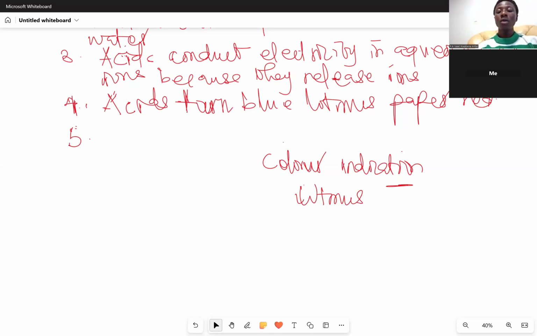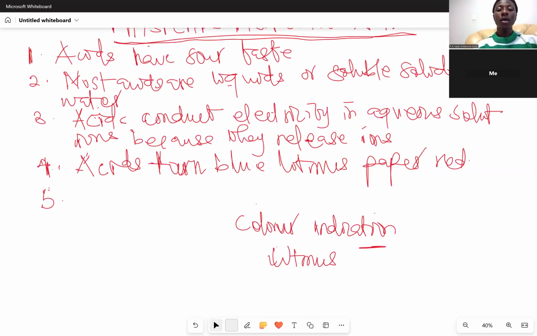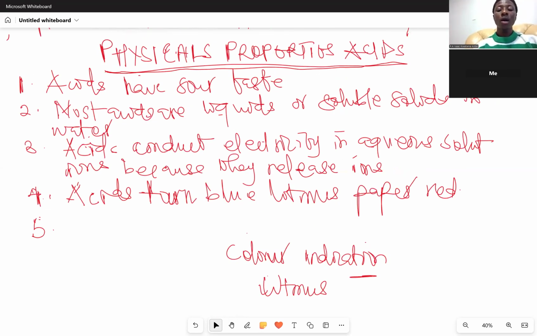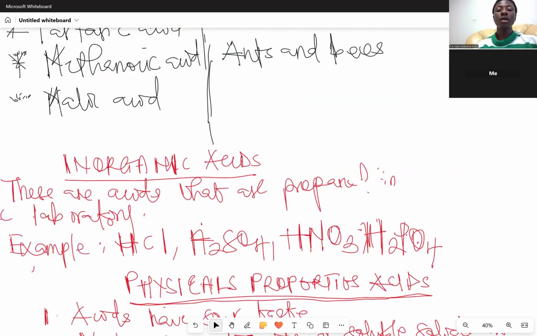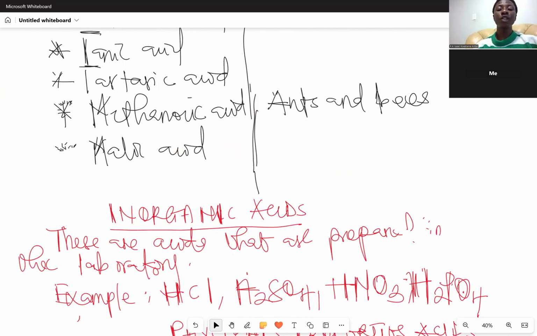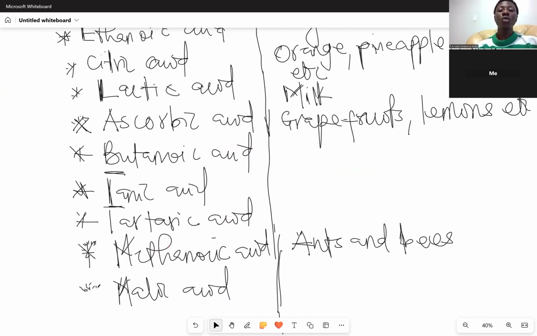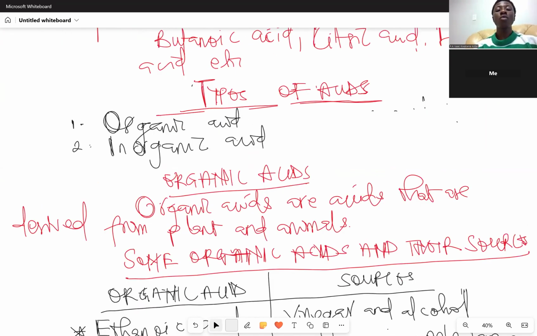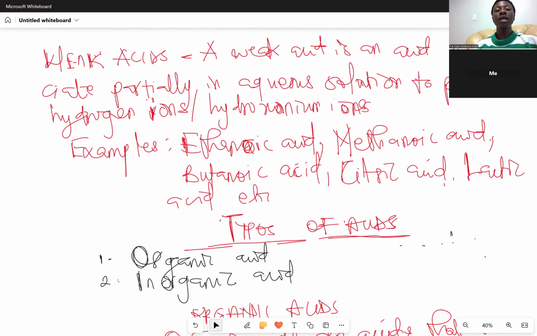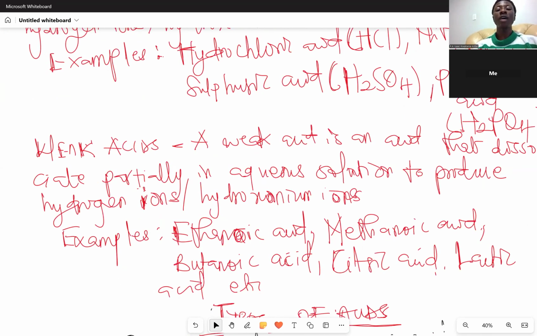Okay, so because of the issue at hand, we're just going to summarize what we did today. Today we defined acids according to three scientists' definitions. We talked about Arrhenius' definition of acids, Bronsted-Lowry's definition of acids, then Lewis' definition of acids.